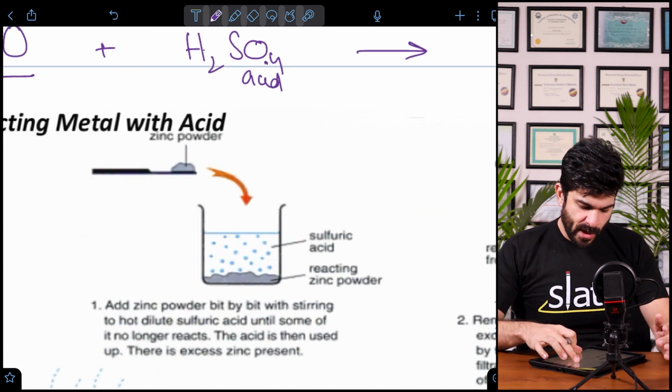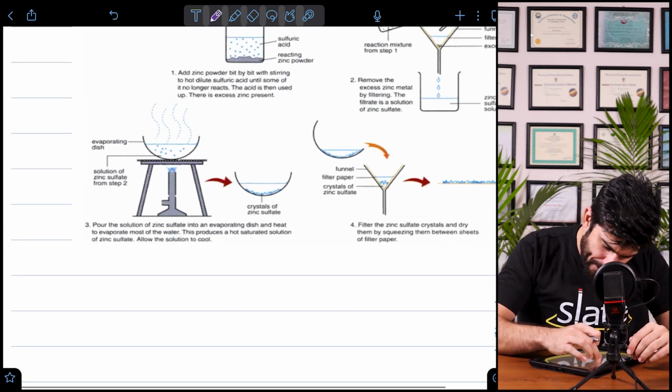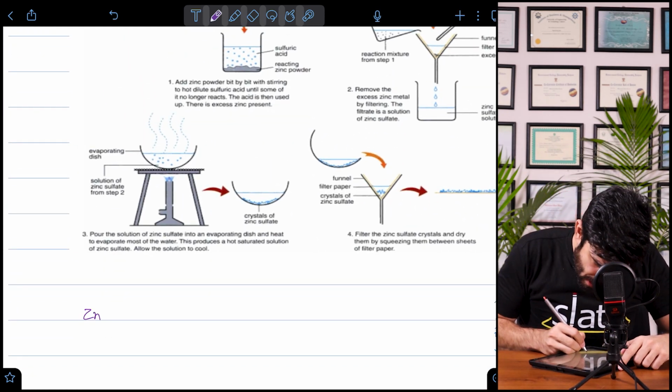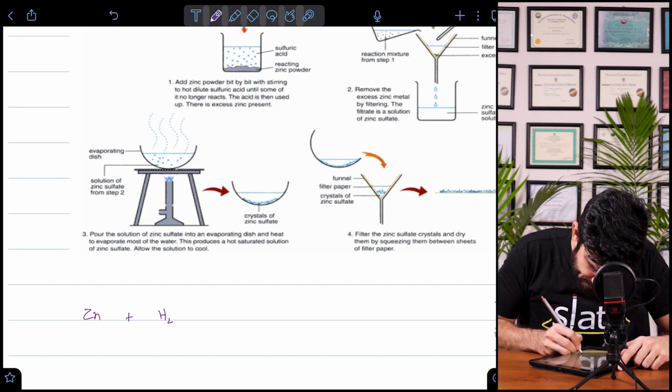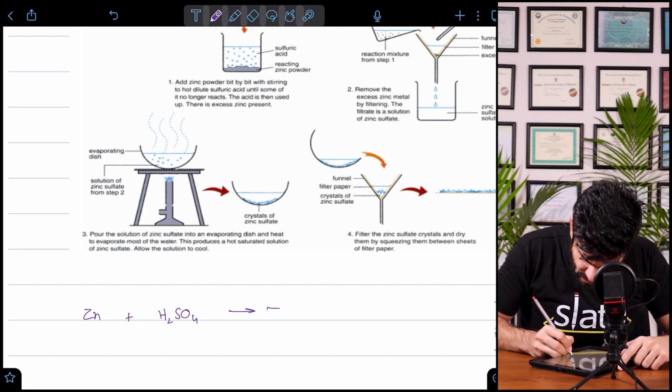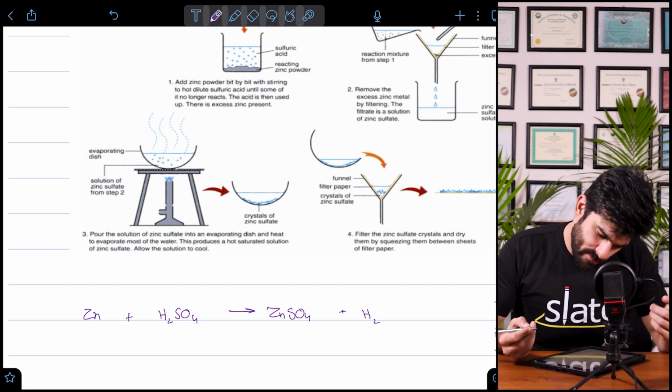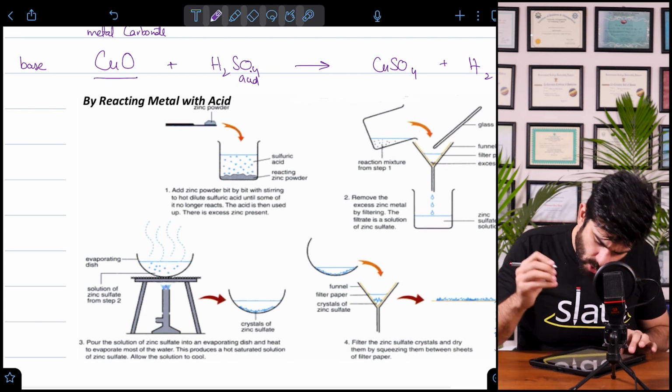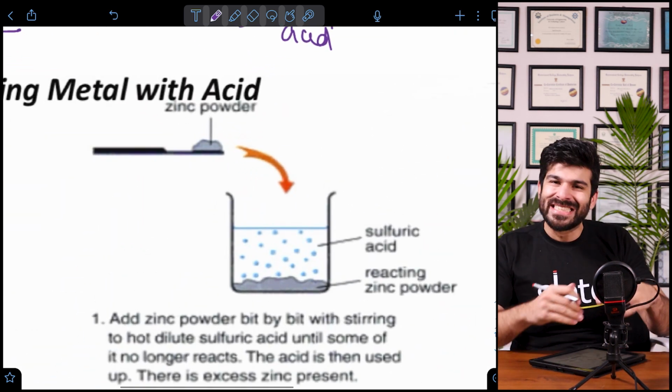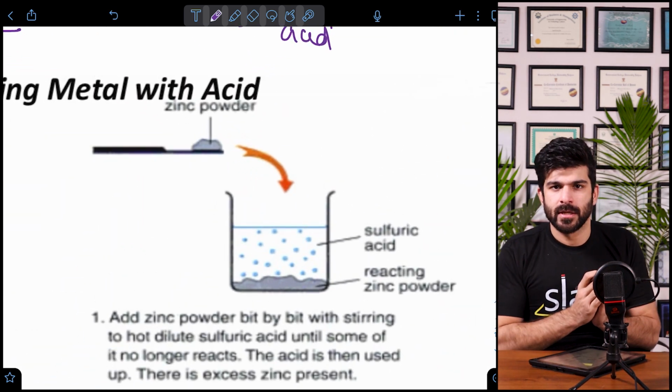Okay, there we have an example of zinc plus H2SO4. We get zinc sulfate and H2 gas. So we have added zinc in the sulfuric acid.